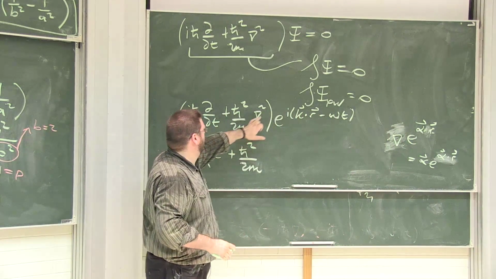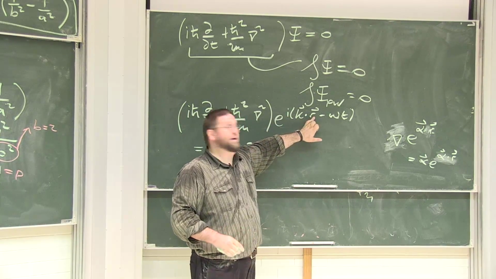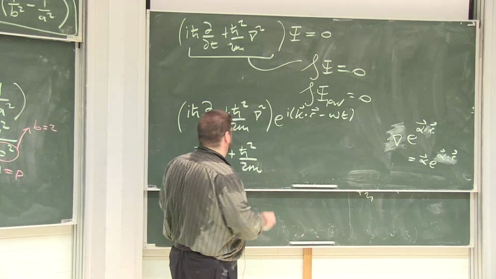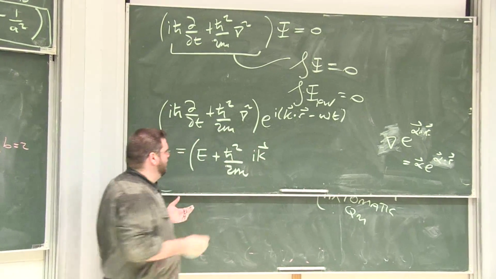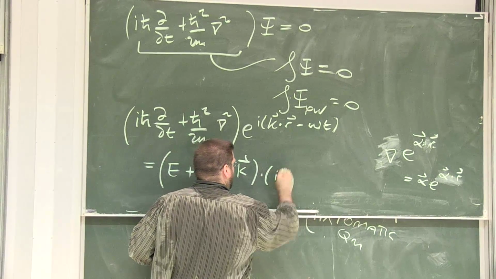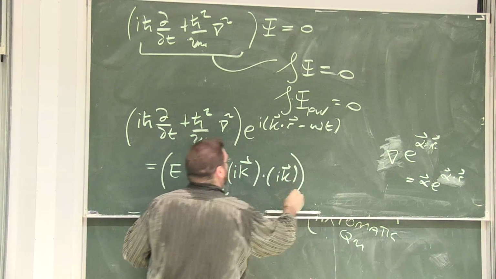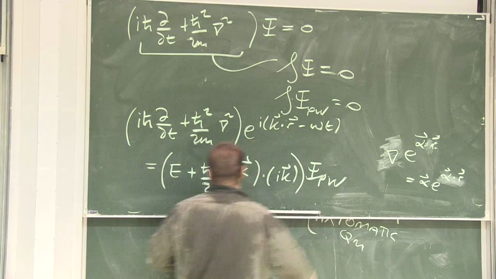I'm going to use it now. One grad, which is differentiating essentially with respect to r, will pull out an i times k. Grad dot grad, which is what grad squared is, will pull out ik dotted with ik. And then we get the plane wave back again, which I'll just write as follows.